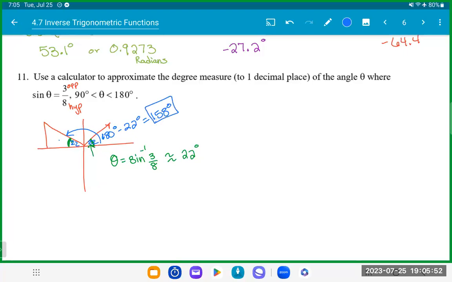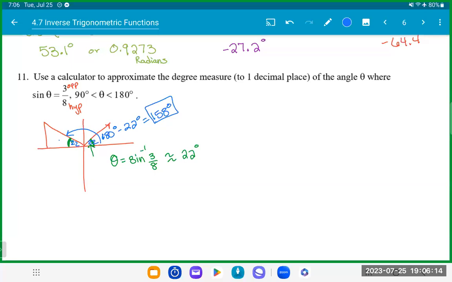So when I want to know an approximate angle measure where my sine is equal to 3/8, I can do that, but I have to use inverses.